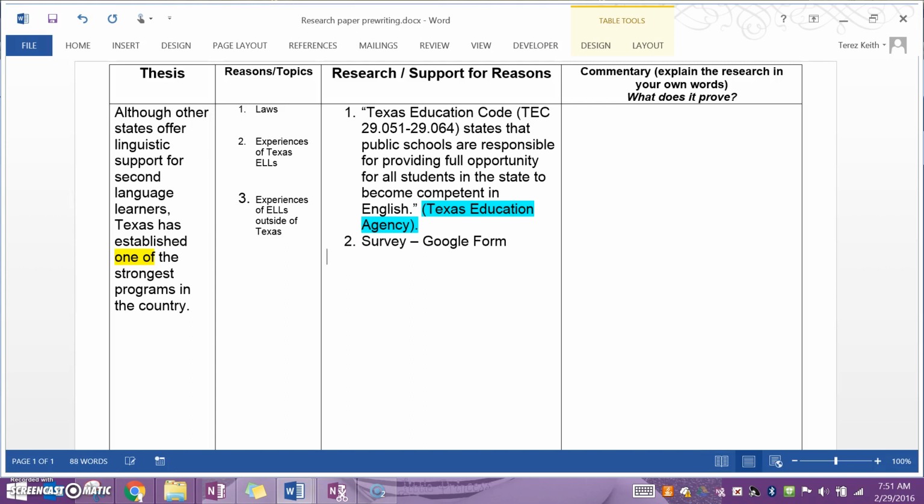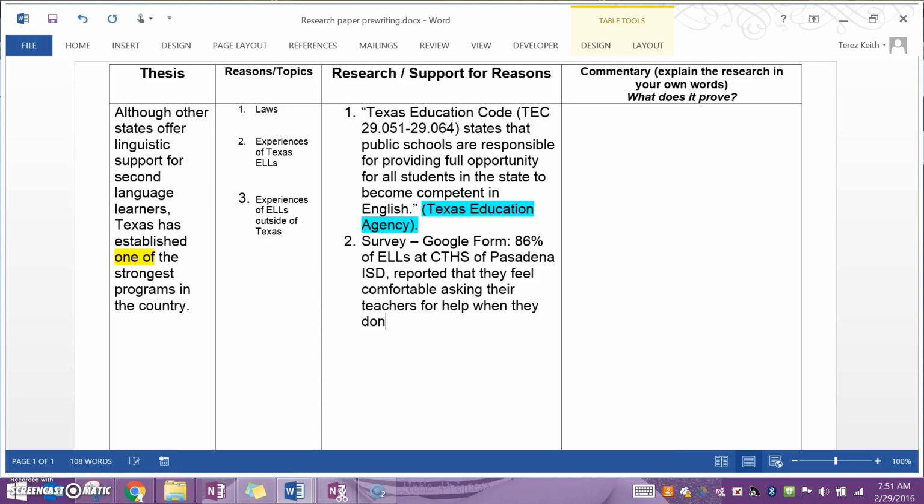I found in my survey, which I actually did survey our ELLs here at CTHS, that 86% of ELLs at CTHS of Pasadena ISD reported that they feel comfortable asking their teachers for help when they don't understand the language.